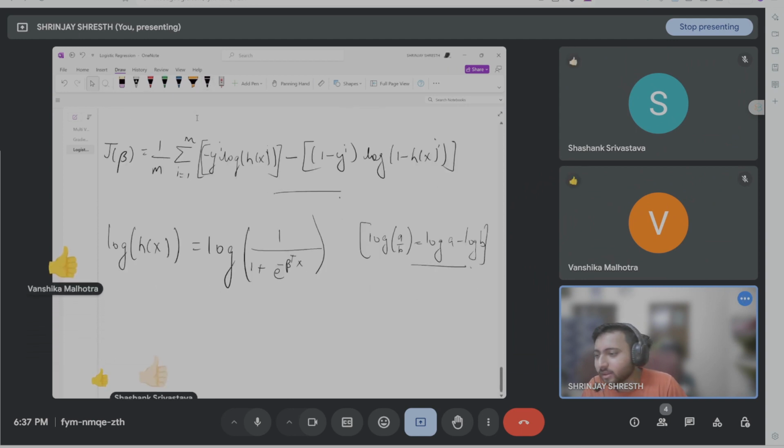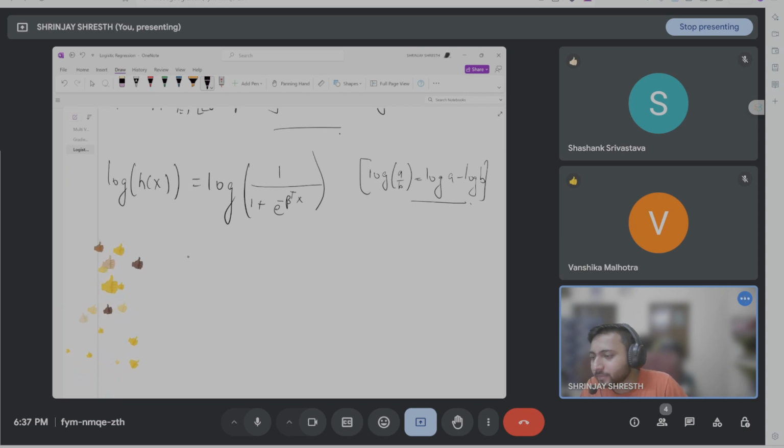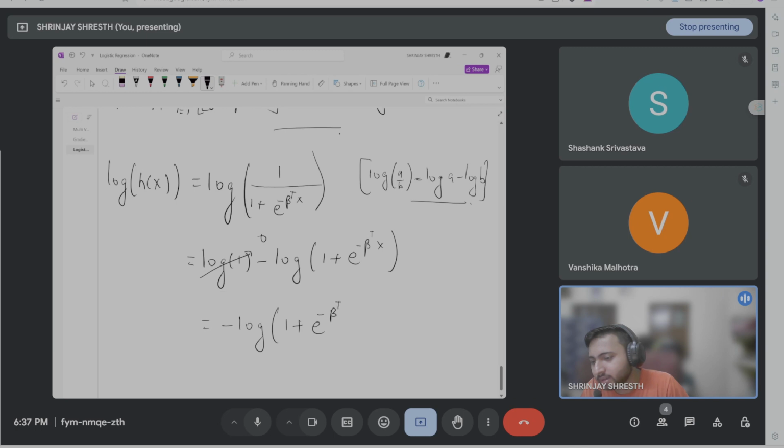Let us implement it here. You will have log of 1 minus log of 1 plus e raised to the power minus beta transpose x, and log of 1 is 0. So it is minus log of 1 plus e raised to the power minus beta transpose x.